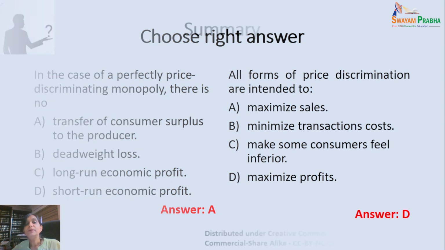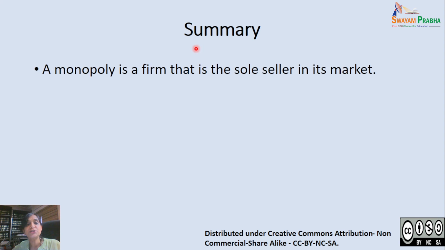Okay, now let us do the summary of the lecture. We say monopoly is the firm which is the sole seller in the market. Price discrimination can be done by a monopolist. Price discrimination is of three types: first degree, second degree, and third degree. In first degree, no consumer surplus is left, for example, auctions.